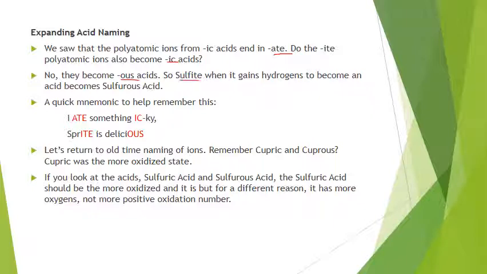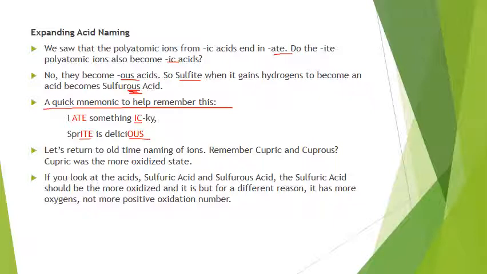So sulfite, when it gains its hydrogens, becomes sulfurous, the less oxidized state. Here's kind of a weird way to remember it. I ate something icky. So the ates and icks. And Sprite is delicious. So the ites become ous.